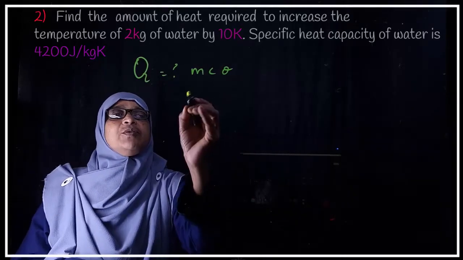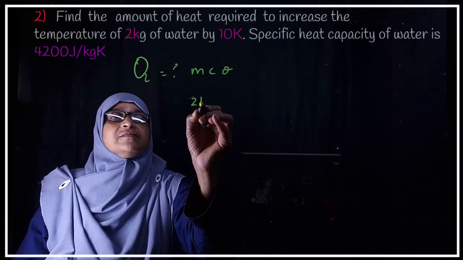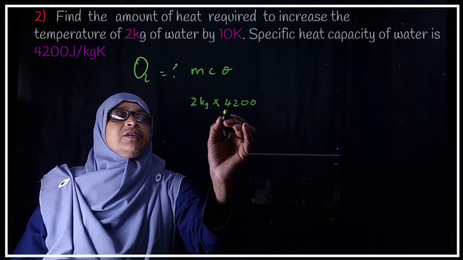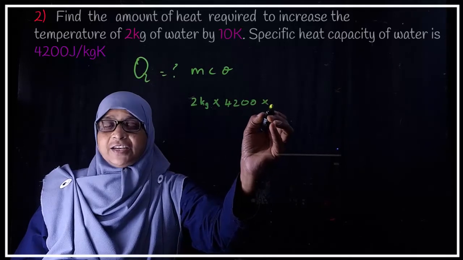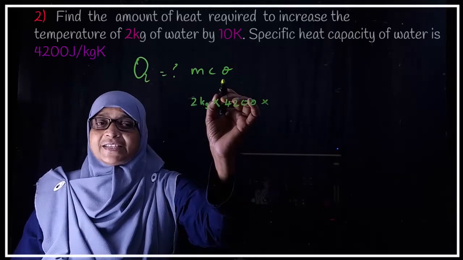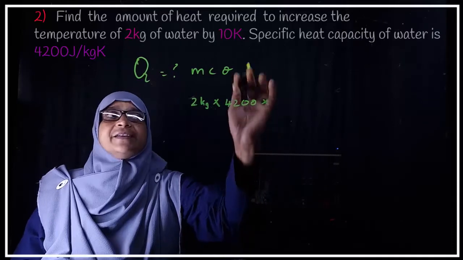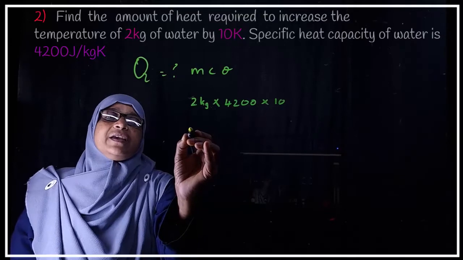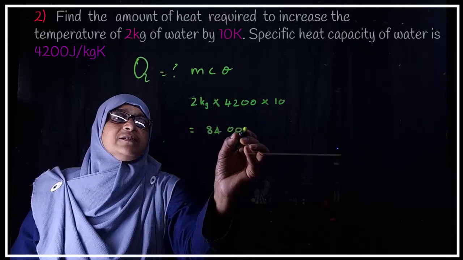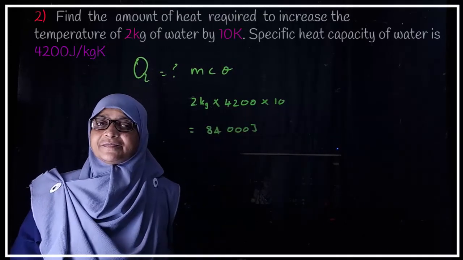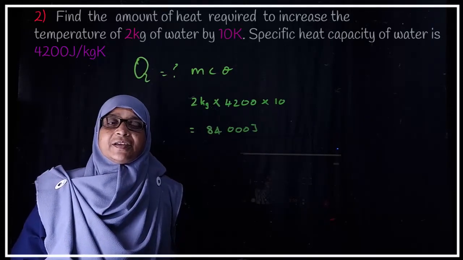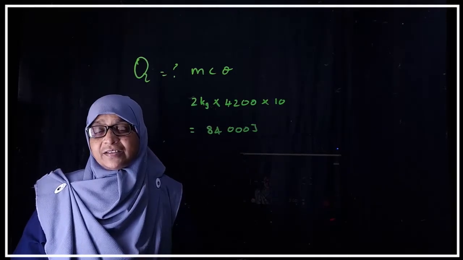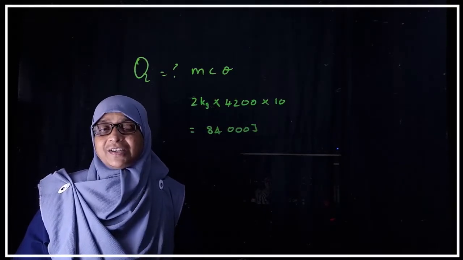Here the m is 2 kg of water, c is 4,200, into temperature change by 10 K. This will be 84,000 joules. This is the same as the previous one. Next, we do some different questions.